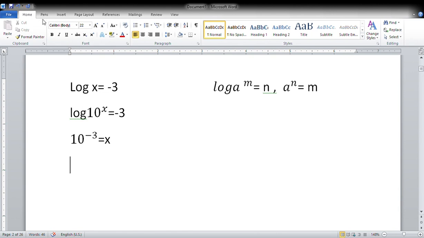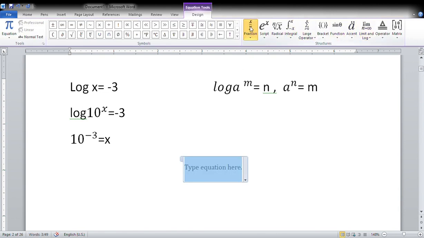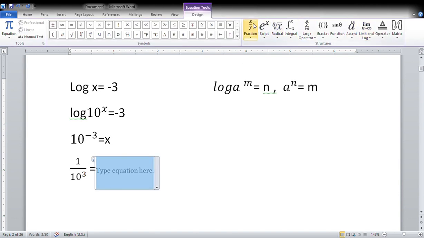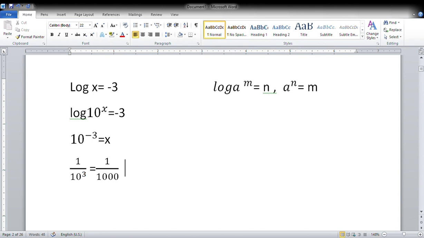So we can write 10 to the power minus 3 as 1 by 10 to the power 3. 10 to the power 3 is 1000, so that means 1 by 1000. That should be the answer for this question. You can convert it to decimal form also.